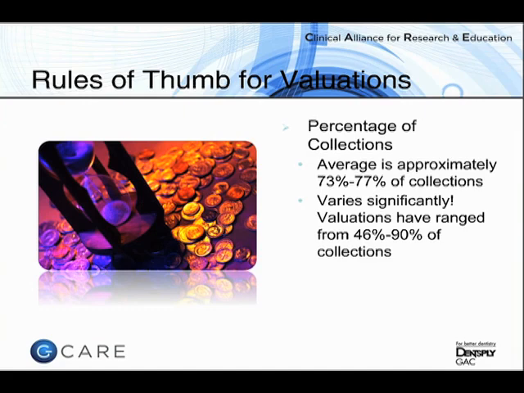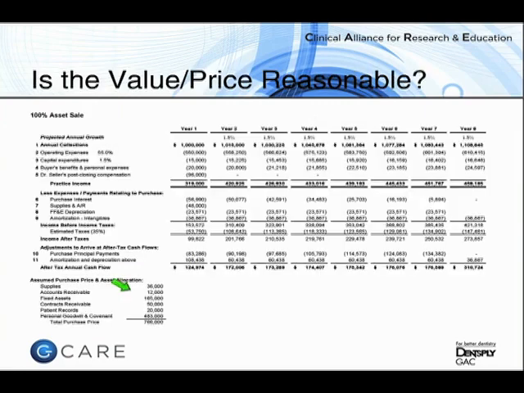This is the asset allocation that we were talking about. Of the $766,000, what are you buying? You're buying some supplies, you're buying some accounts receivable, you're buying some fixed assets for a certain amount of money. And then the majority of the purchase price is some type of personal goodwill or intangible asset. So again, this is sort of an average practice that you may buy.